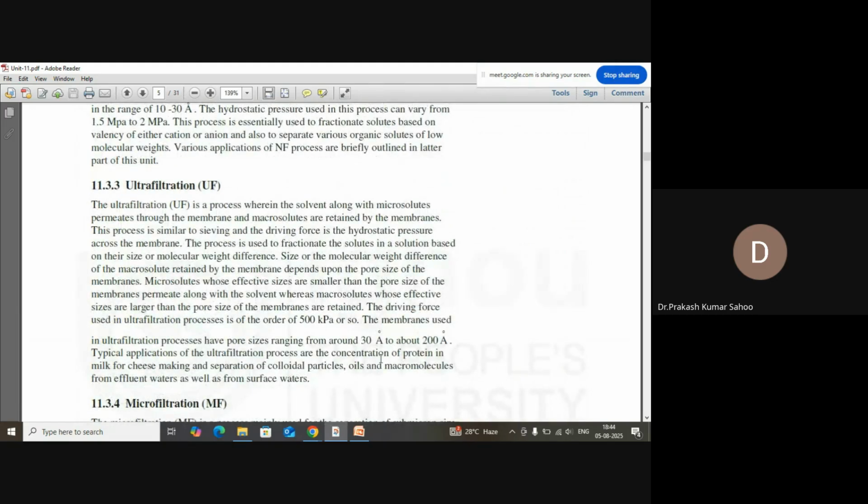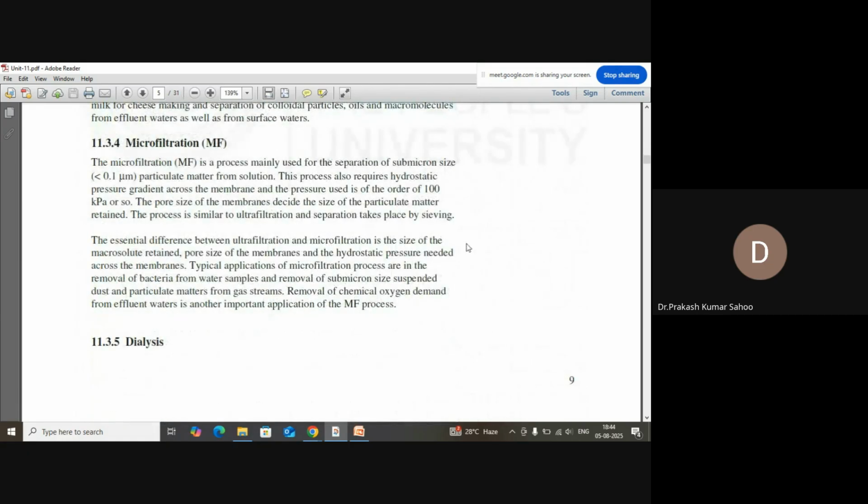In ultrafiltration we have the pore size of 30 to 200 angstrom, and in microfiltration we have the pore size of 1 micrometer.